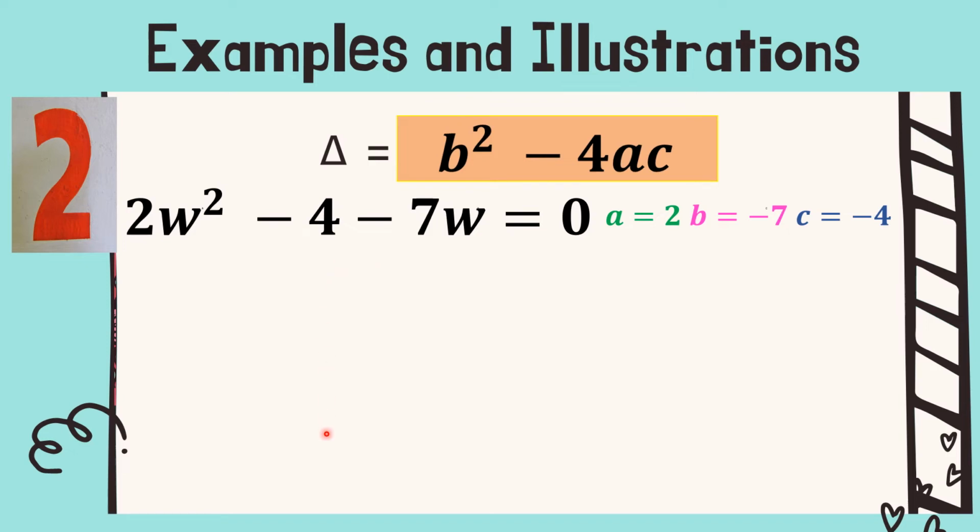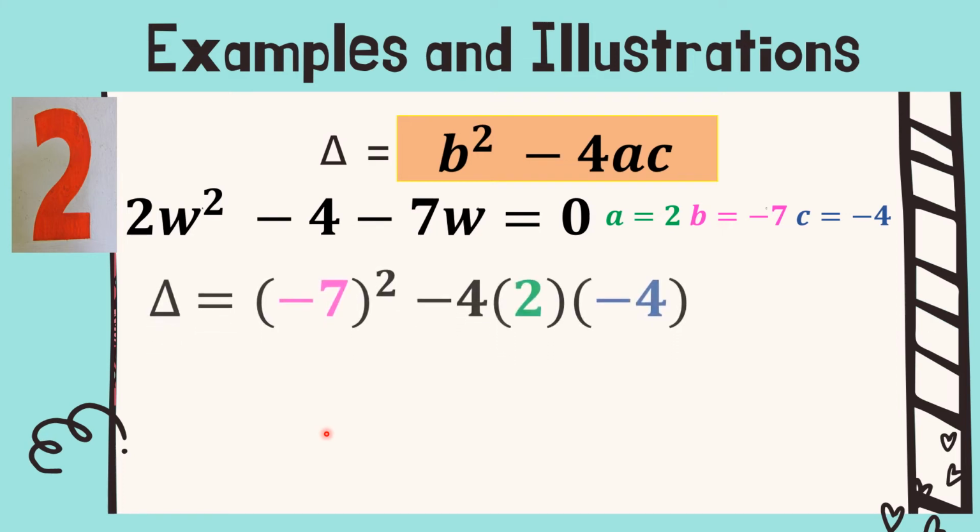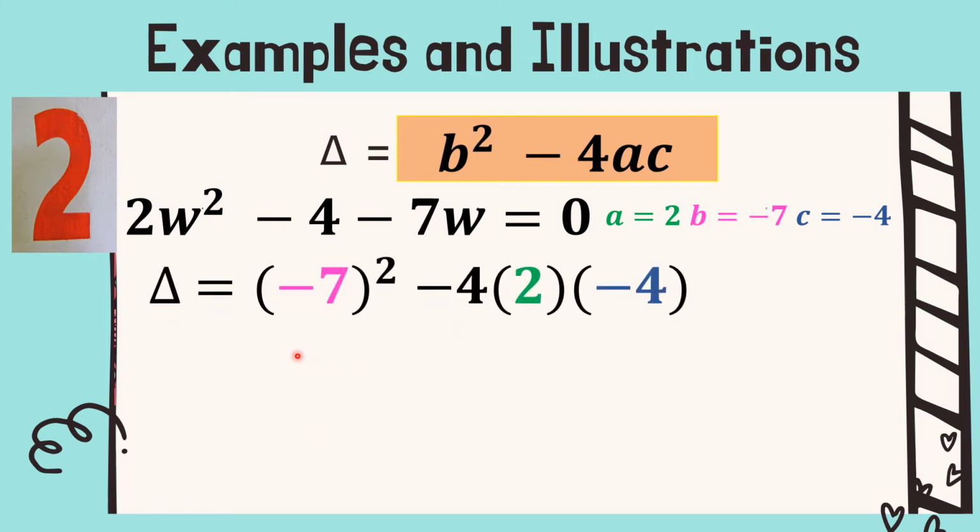After identifying the values of a, b, and c, substitute the values in our discriminant formula, b squared minus 4ac. By substitution, we will have negative 7 squared minus 4 times the value of a, which is 2, times the value of c, which is negative 4. Then evaluate. Negative 7 squared is equal to 49.